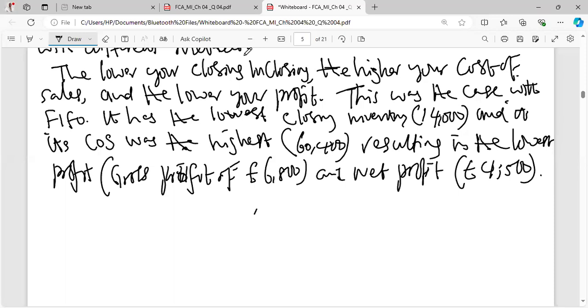So you see here, the closing stock is what is giving the issue of difference for business performance.